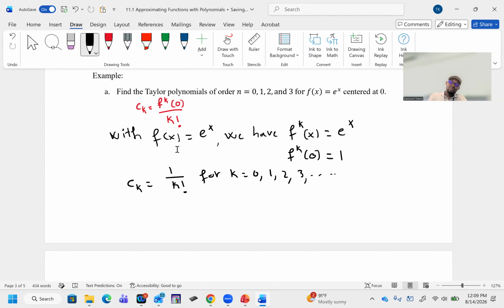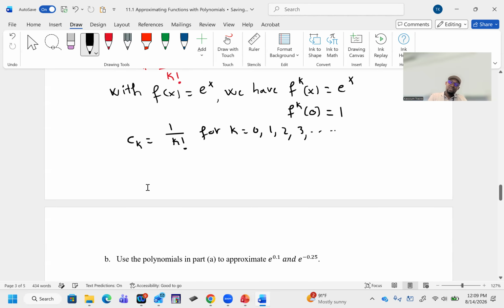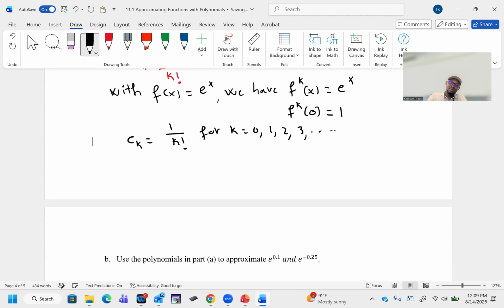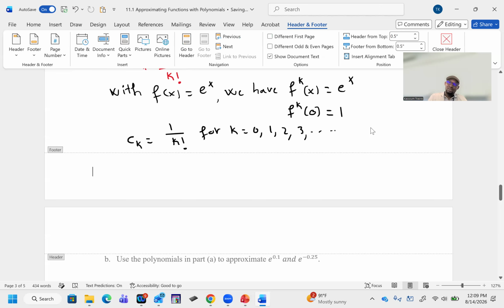So they said for n is equal to 0. Give me 1 second, sorry.